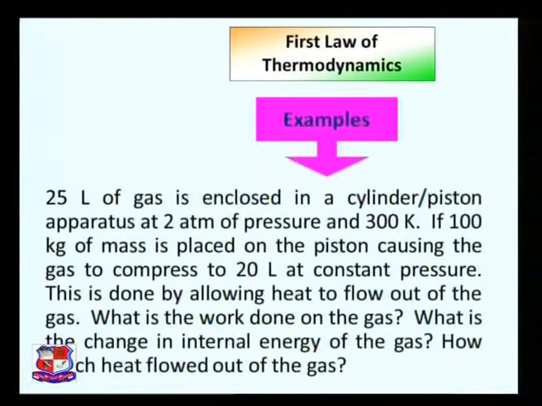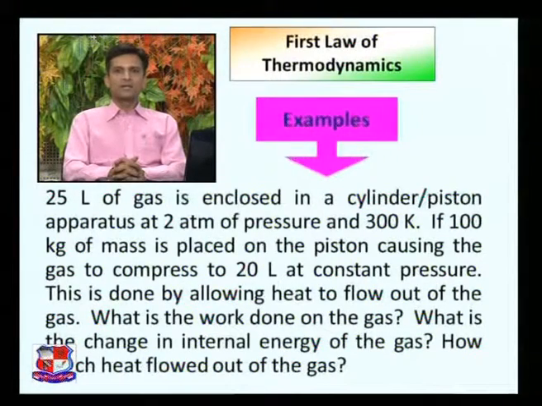The data is given like this. 25 liter of gas is enclosed in a cylinder and piston arrangement at 2 atmospheric pressure and 300 Kelvin temperature. If 100 kg of mass is placed on the piston, causing the gas to compress to 20 liter at constant pressure.